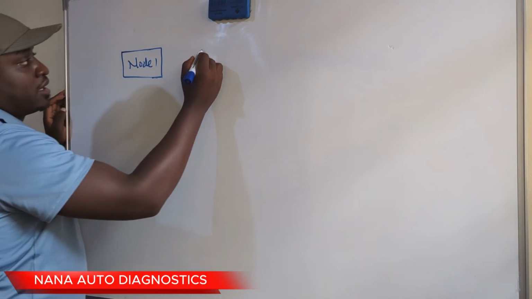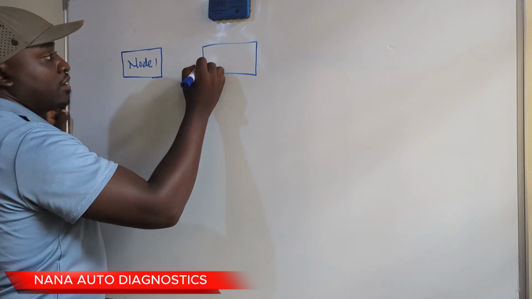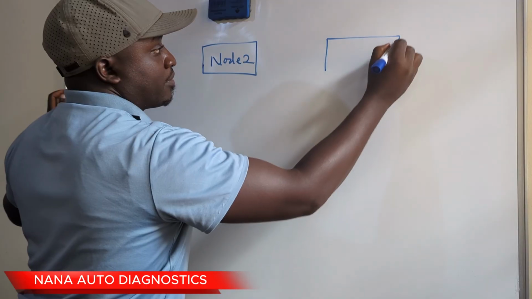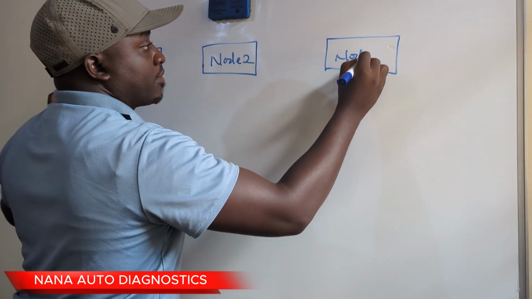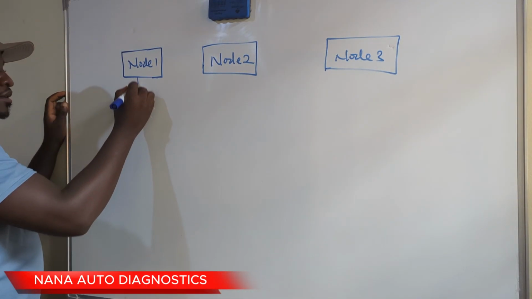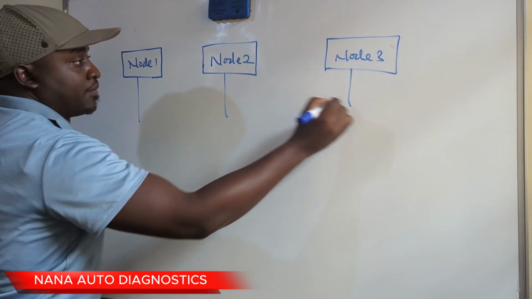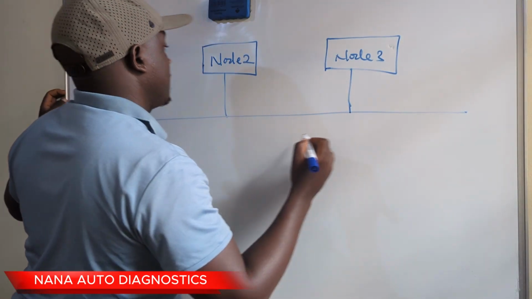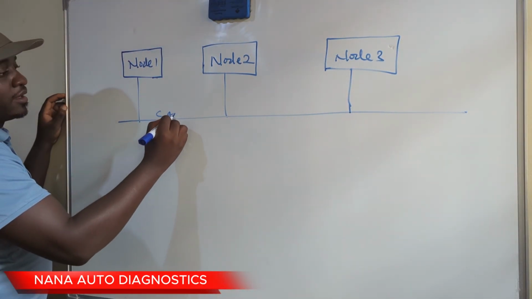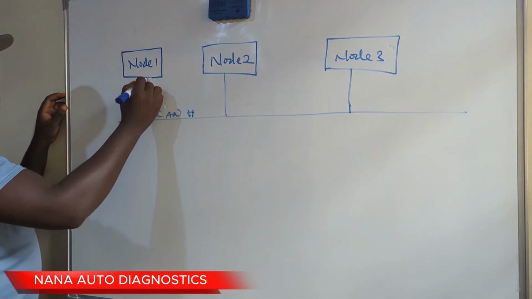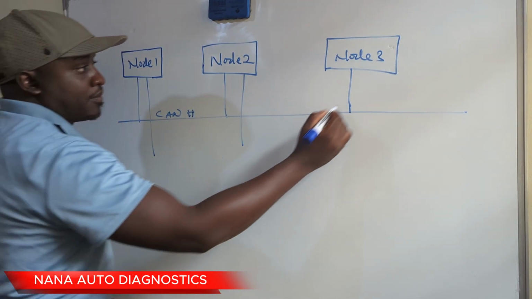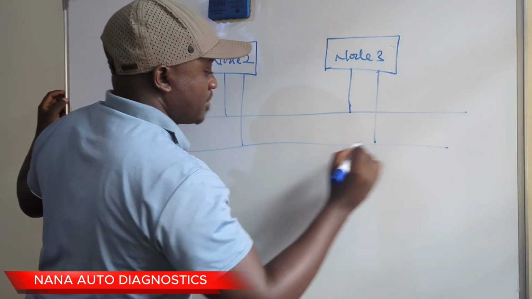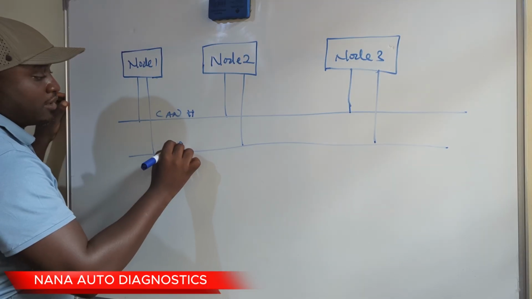So if I have one node here, node 1, say node 2, and node 3, I'll treat this one as CAN high, and this would be my CAN low.